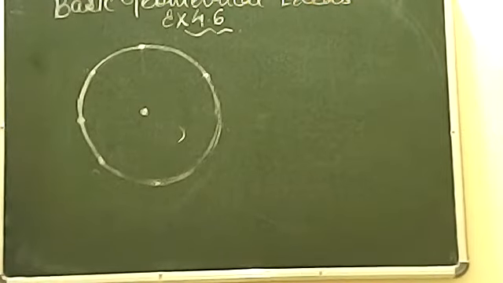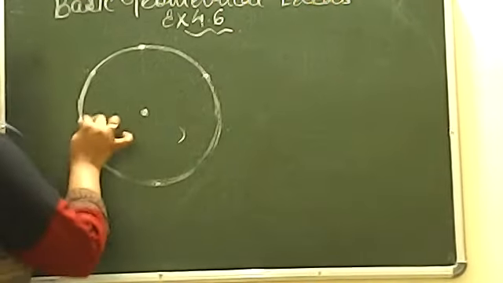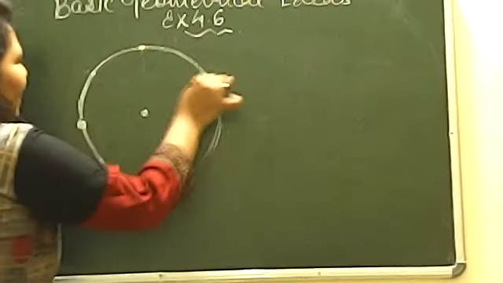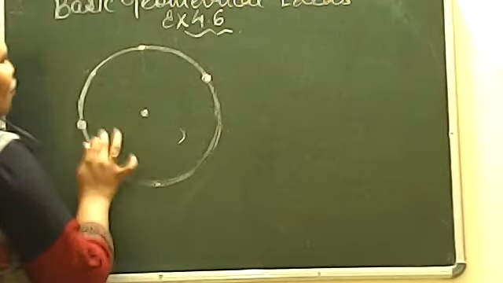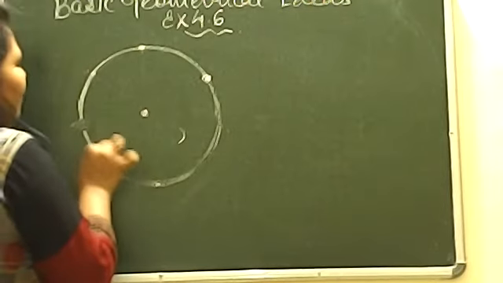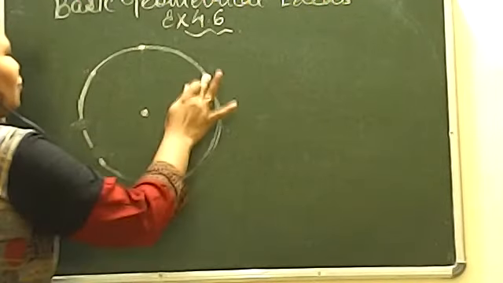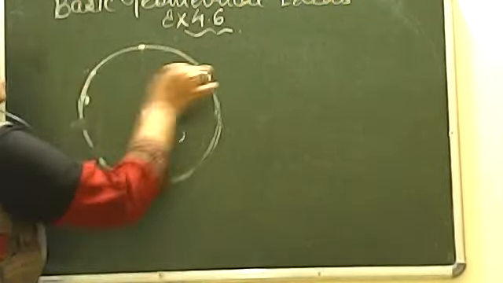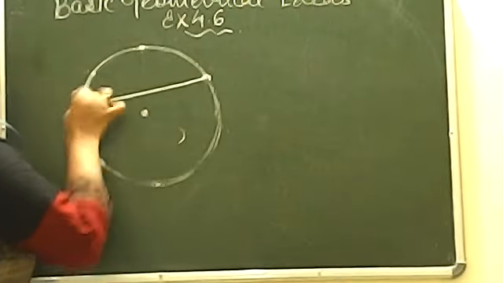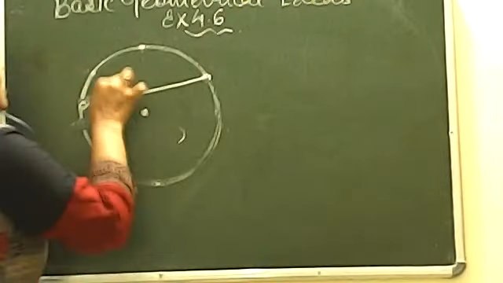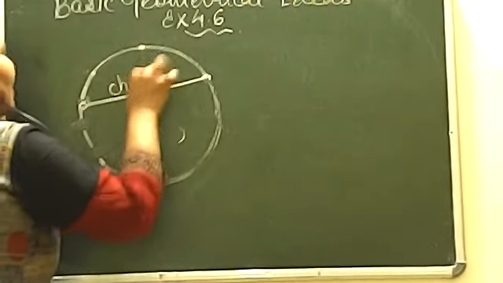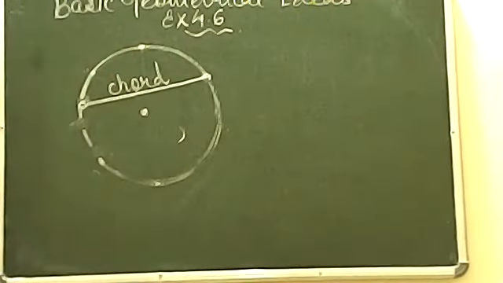Now remember, when you have 2 points on the circumference and when you join them, those line segments are known as chord. C-H-O-R-D, chord. Okay.